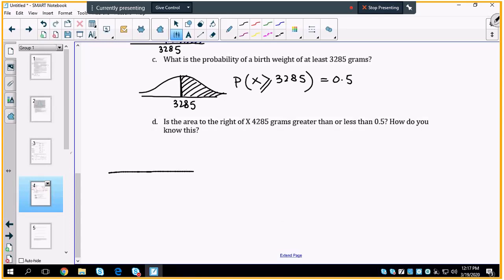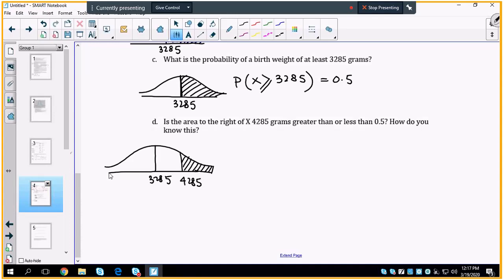So normal distribution, bell curve, mean is 3285, and you're thinking about 4285. 4285 is clearly on the right of 3285, and it says the right of this data. So this is the area I'm talking about, and the question is, is it less than or greater than 0.5?